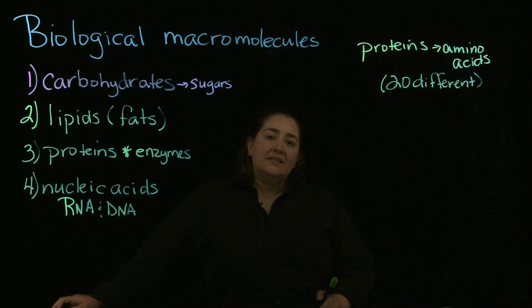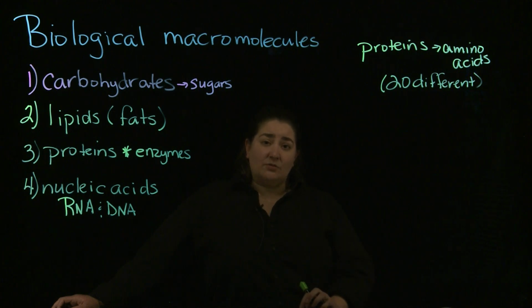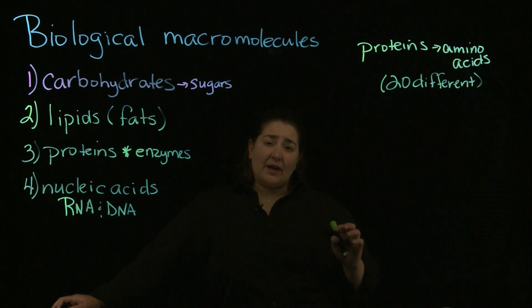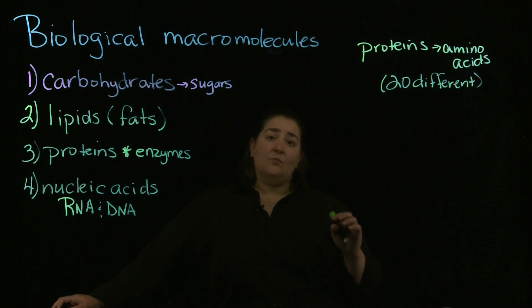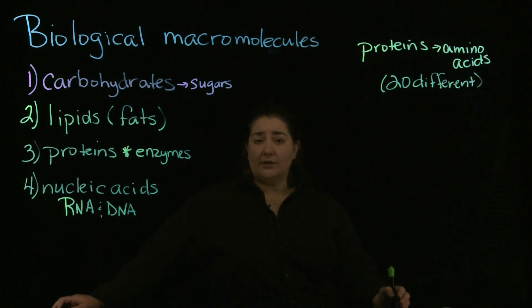What I want you to see, though, is that those different amino acids kind of fall into different classes based on the functional groups that are attached to them, okay? So the functional groups attached to the amino acid can dictate whether or not that part of the protein is going to be hydrophilic or hydrophobic. So whether it's going to like water or not.